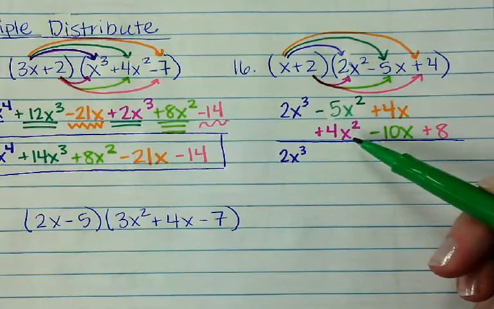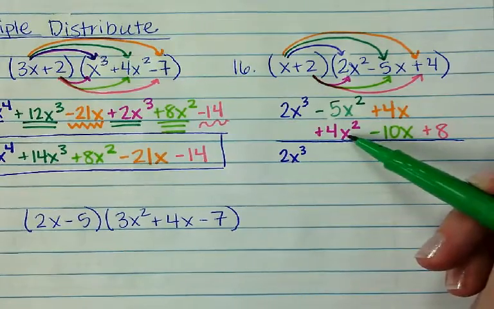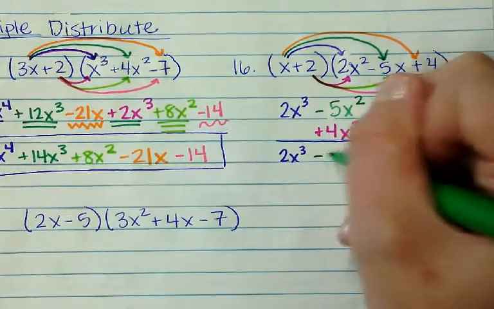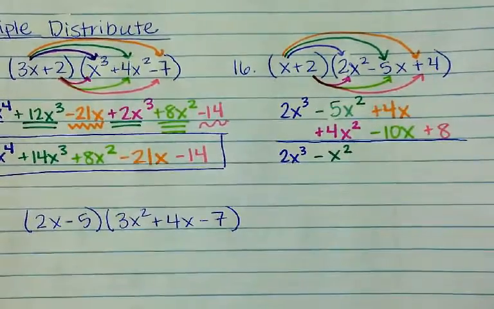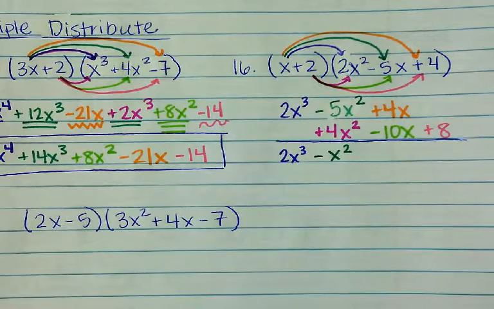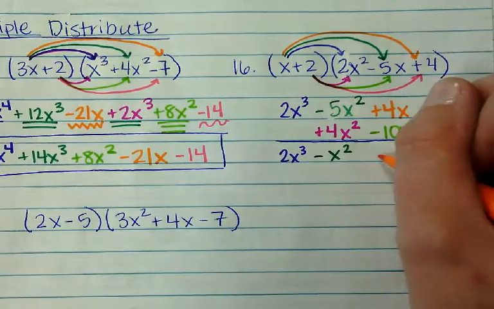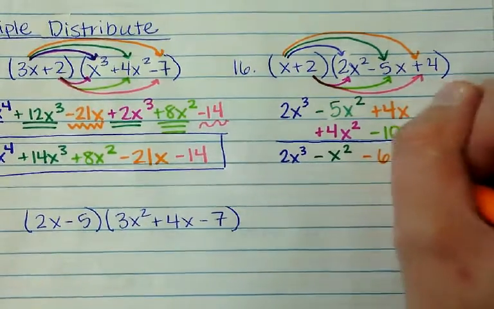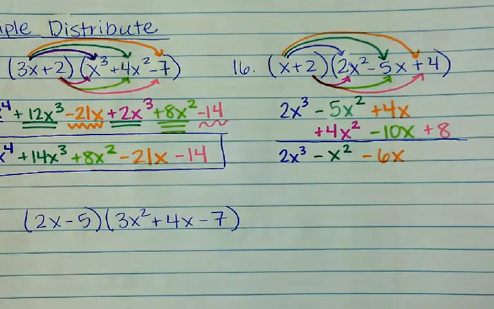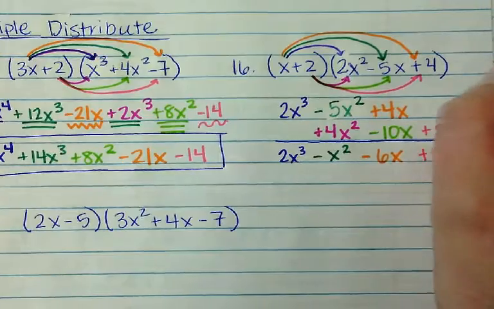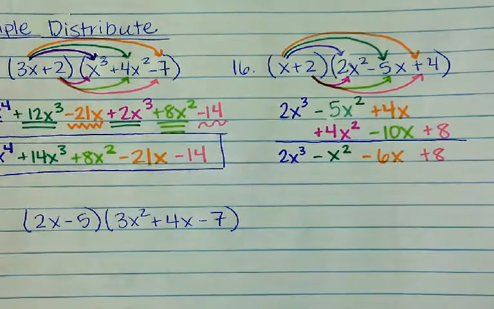And then 4x minus 10x is going to give me negative 6x. And last, but certainly not least, we have positive 8. So my final answer for this problem would be 2x cubed minus x squared minus 6x plus 8.